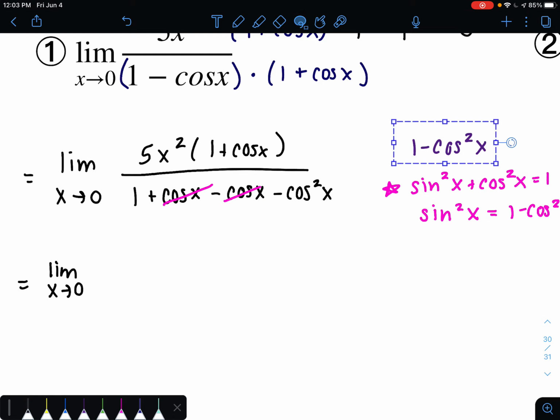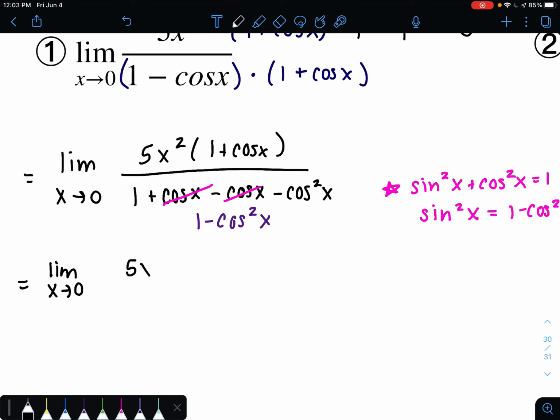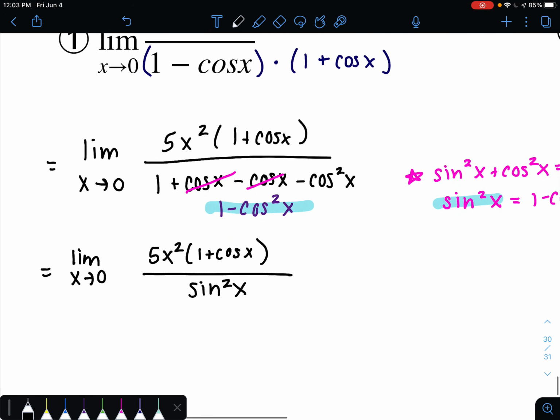So we can make a substitution. I'm going to write the limit as x approaches 0 of 5x squared times 1 plus cosine of x all over 1 minus cosine squared of x, and replace that 1 minus cosine squared with sine squared. Those are equivalent.